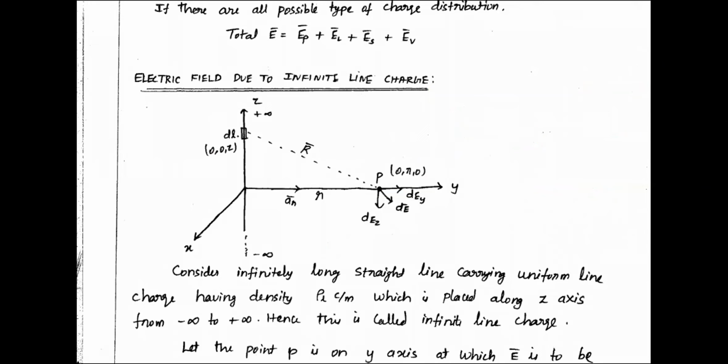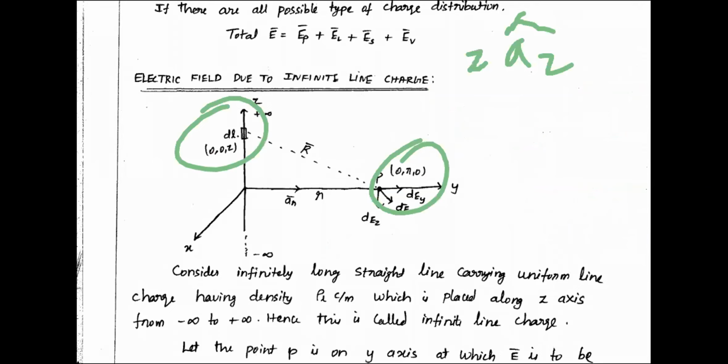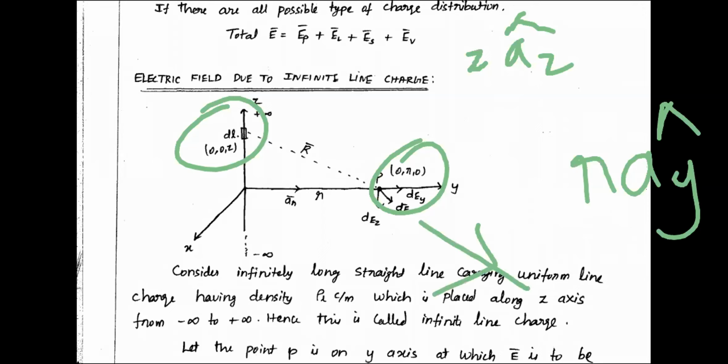Now can somebody tell me what the positional vector is? What is this vector value? This vector value is z a z cap. What is this vector value? R a y cap. You take the difference.